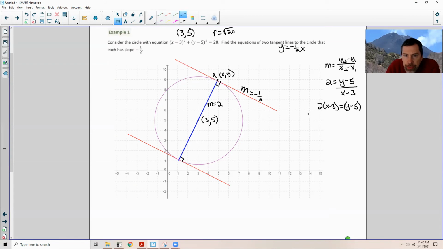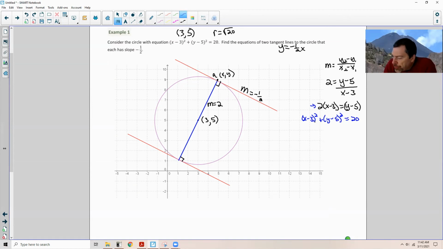So I'm going to write x minus 3 quantity squared plus y minus 5 quantity squared equals 20. Okay, so I'm going to use my circle equation and this equation that we got from the slope equation. All right.